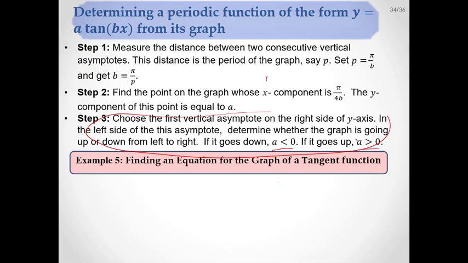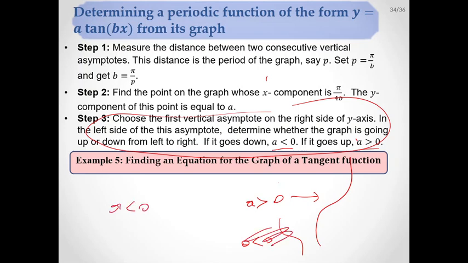Now here, if a is bigger than 0, it will go like this, but if a is less than 0, it will go like this. Basically telling you these two shapes here. If a is bigger than 0, you will have such a thing, and if a is less than 0, your shape will be something like this. There's a difference between them.